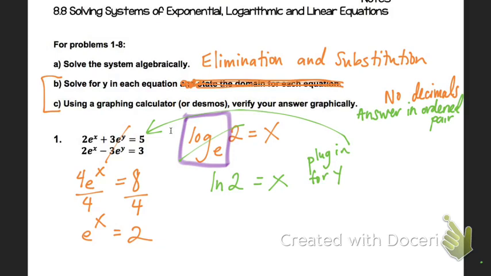I'll just do the top one. And where I see this x, I'm going to put in ln of 2. So 2e to the ln of 2 plus 3e to the y equals 5.